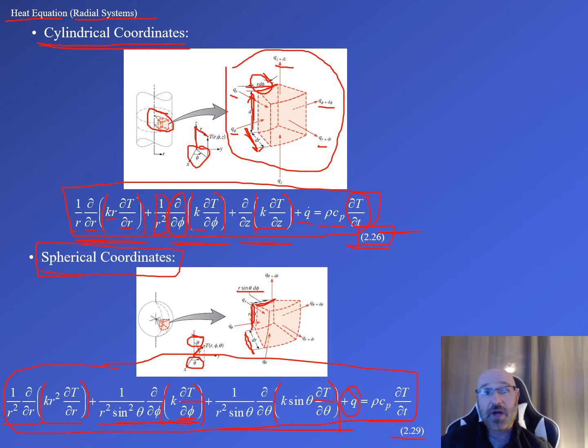And on the right-hand side of the equation, we have rho c p times the partial of temperature with respect to time.